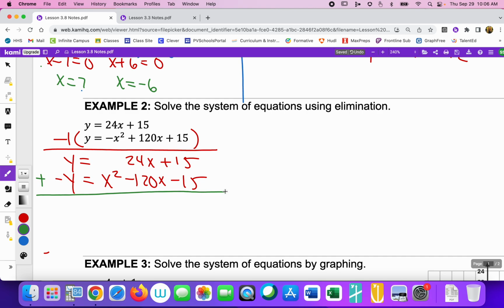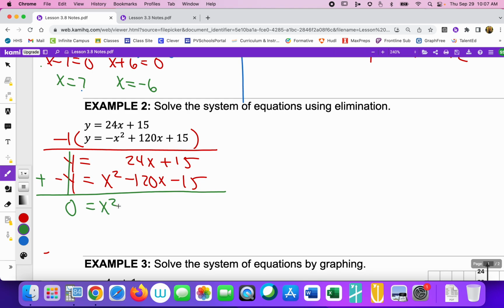Alright, now the way this works out, this is the reason why we did that. A positive 1y plus a negative 1y is what? 0. Okay. Y plus negative y is 0. They're opposite signs. That is what we want. You want the y's to go away. Nothing plus x squared. X squared.